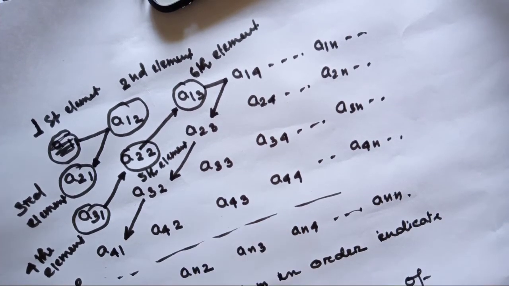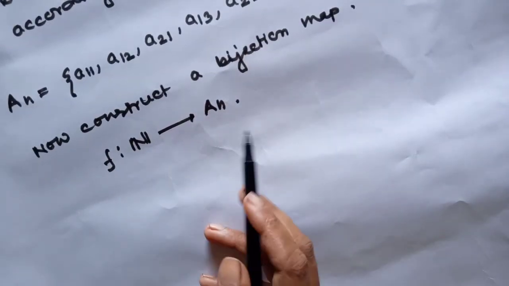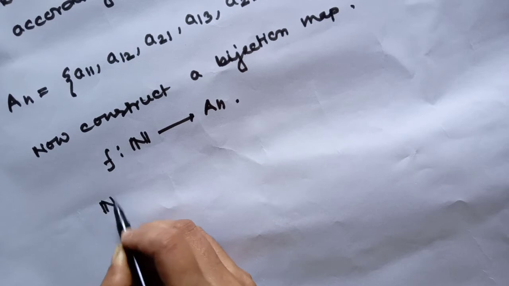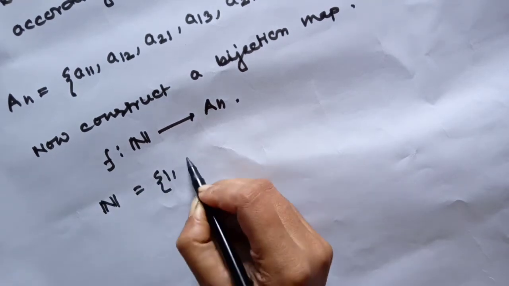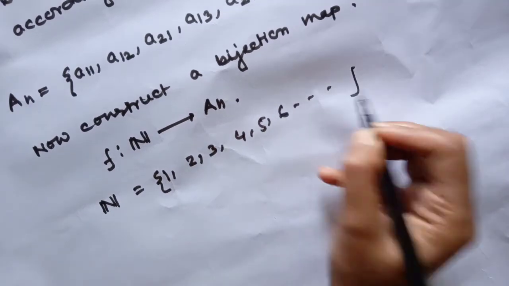Okay. Now see the mapping F from N to the union, where N equals 1, 2, 3, 4, 5, 6, and so on.